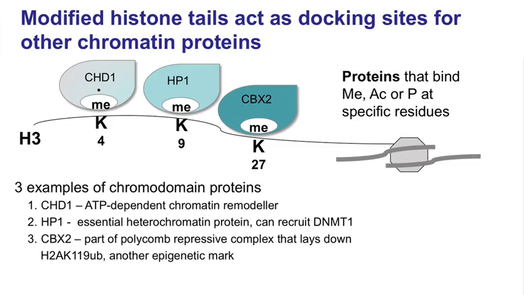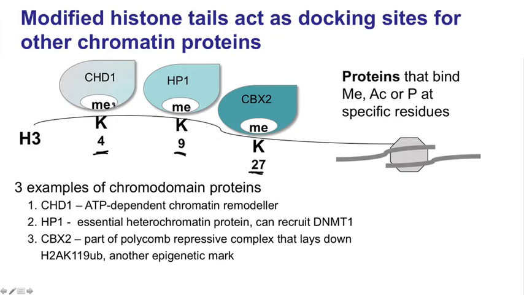So here we have H3K4 methylation, H3K9 methylation, and H3K27 methylation. These are 3 proteins that all have a chromodomain, but they have specificity for particular residues. So CHD1's chromodomain likes to bind H3K4 methylation, HP1's chromodomain likes to bind H3K9 methylation, and CBX2's chromodomain likes to bind H3K27 methylation.